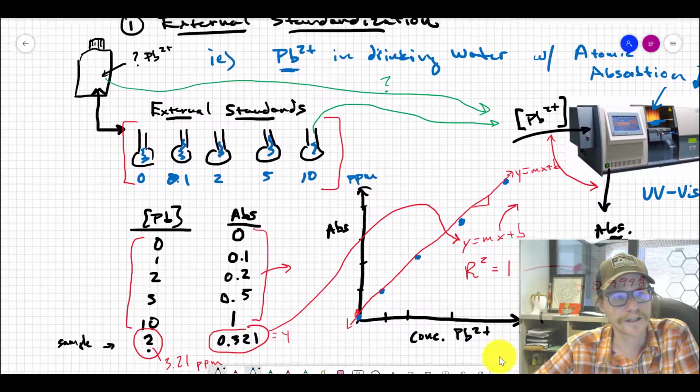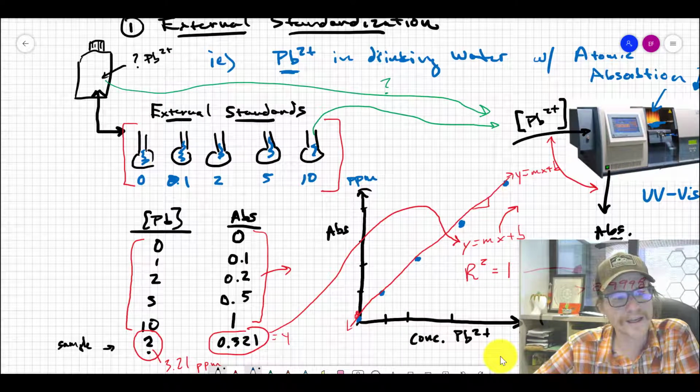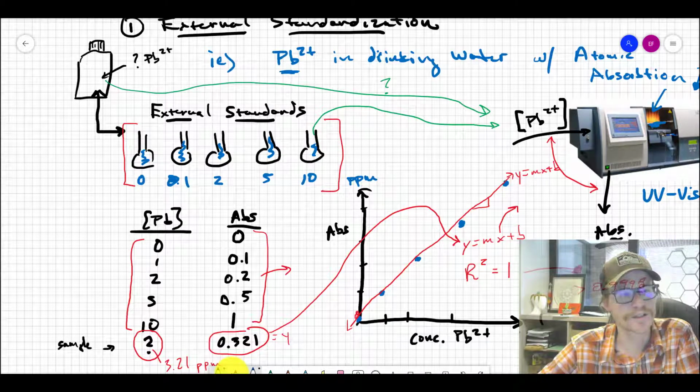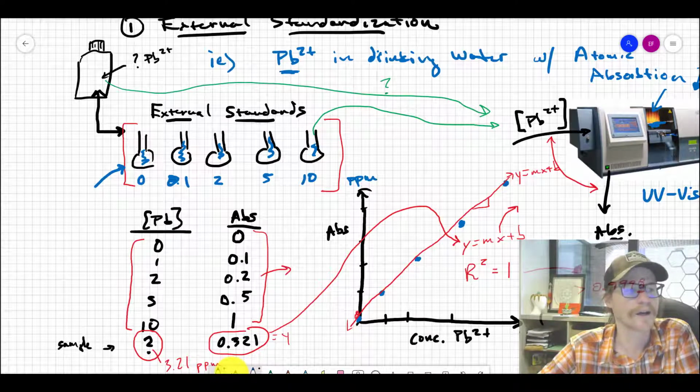Let's go back to this picture, right? When you are making up your standards in lab, which is this set of solutions here, you are taking some amount of lead solid, probably, as, say, I don't know, lead nitrate.